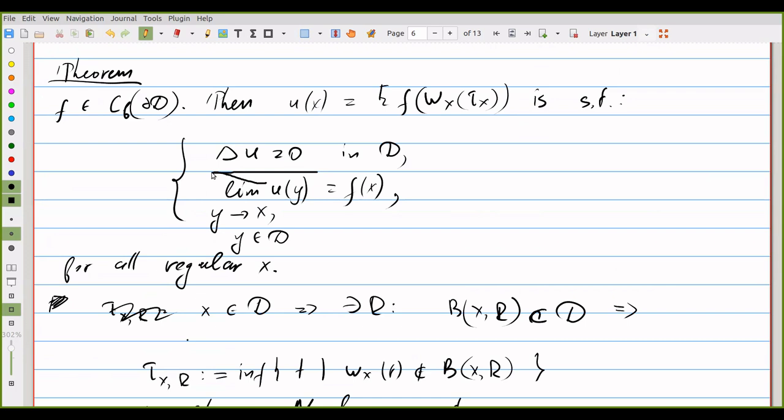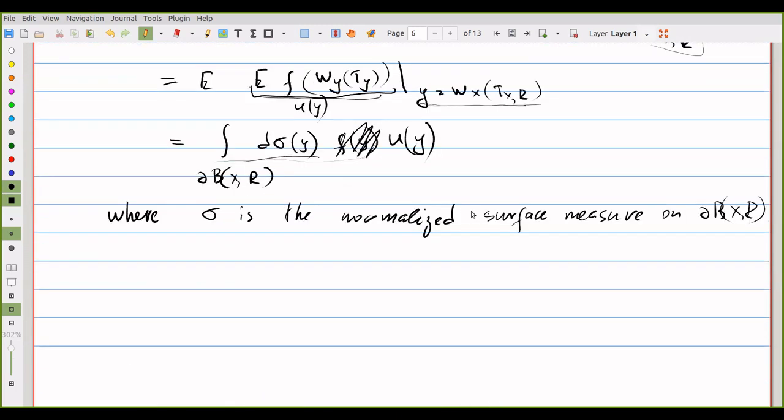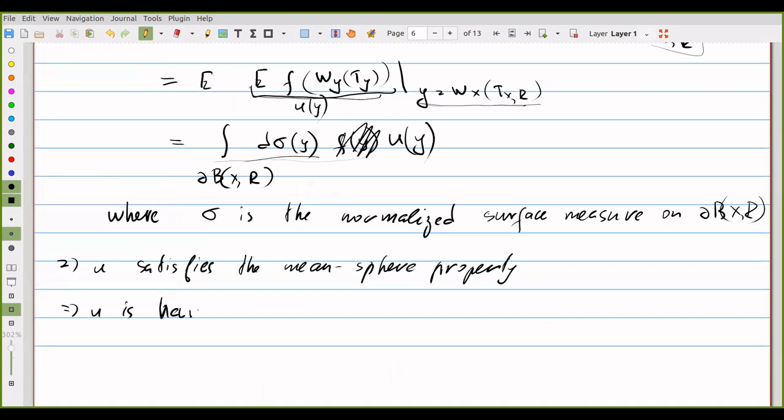There is a trick to make it easier, but generally speaking, it is contained in every single book on the topic, and it's a well-known thing. So u satisfies the mean sphere property, which means u is harmonic, that is, this holds. And this is actually all.